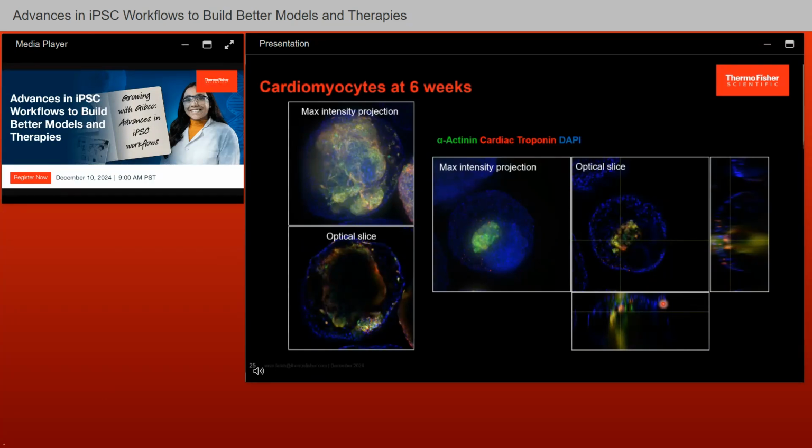And in fact, when doing some preliminary characterization of these more mature cardioids with high content imaging platforms, we actually do observe the specification of alpha-actinin and cardiac troponin positive cardiomyocytes in these organoids that tend to really nicely self-organize somewhere in the middle.